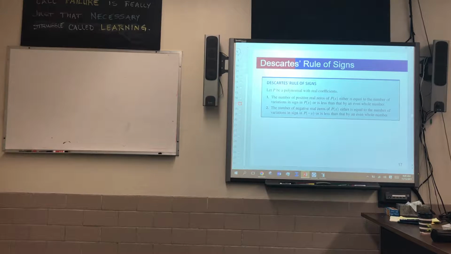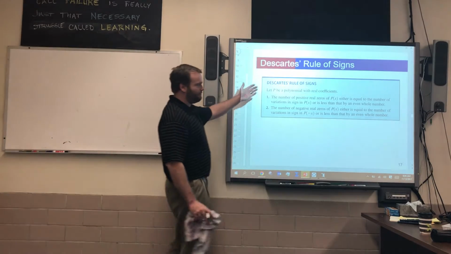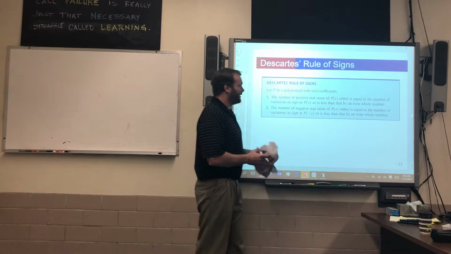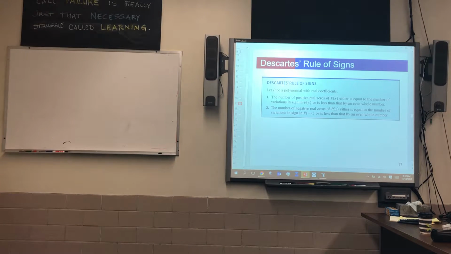So you start subtracting multiples of 2 until you get to 0 or a negative number. Let's say P of x is 5th degree and I have 4 sign changes. Then I could have 4 positive zeros, or subtract 2 and have 2 positive zeros, or subtract 2 again and have 0 positive zeros.